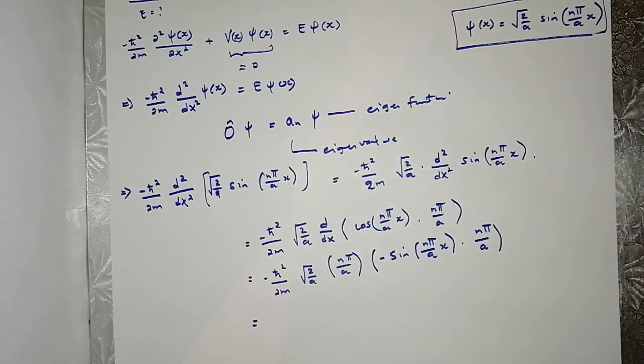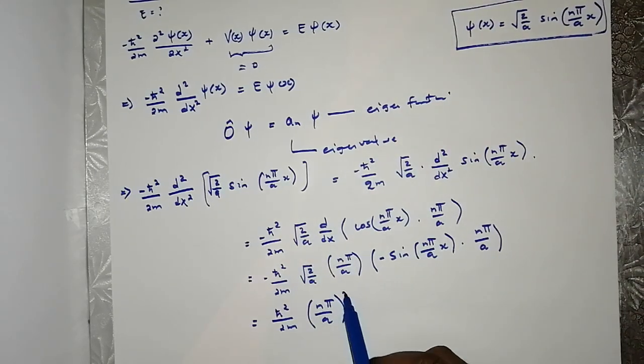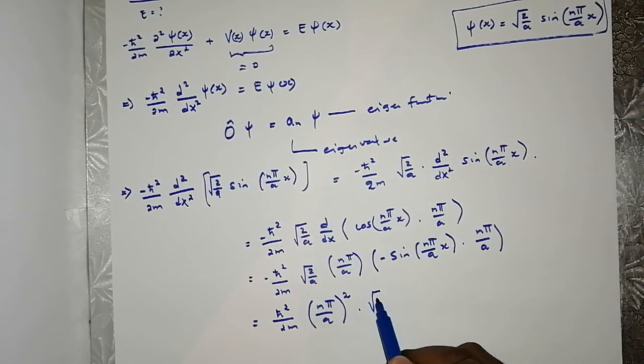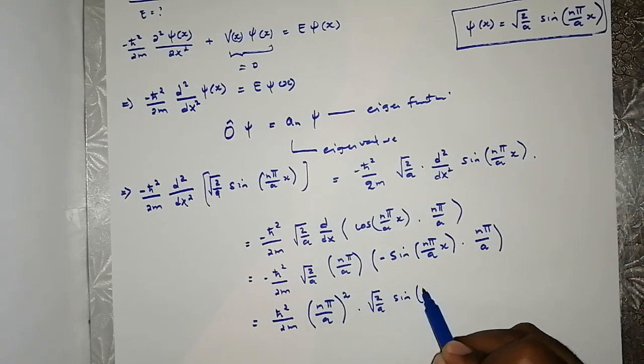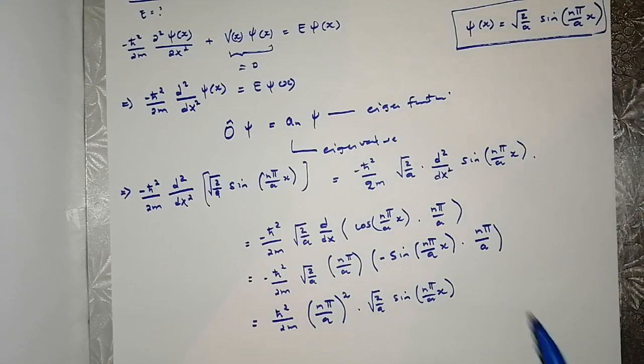Okay, and then what are we left with? I'm going to factor out the negative there, so it's going to be positive. It's h-bar squared divided by 2m multiplied by n pi divided by a. It's two of them, this one multiplied by this one, so it's going to be that squared, multiplied by the square root of 2 over a times sine n pi divided by a times x, right?